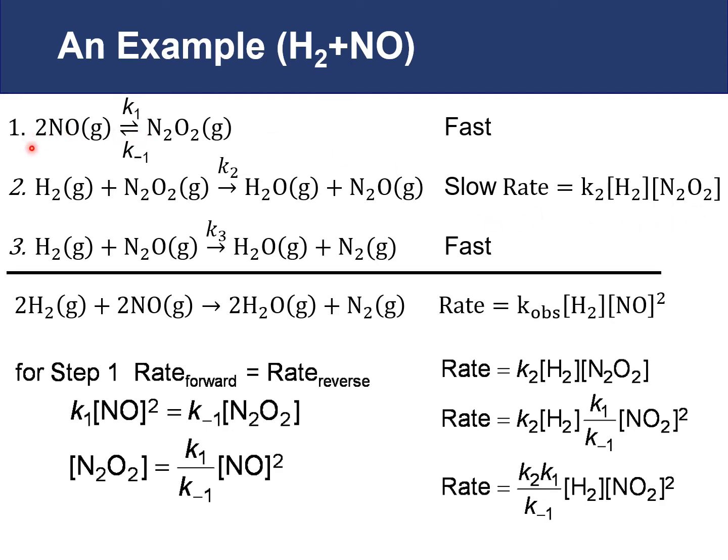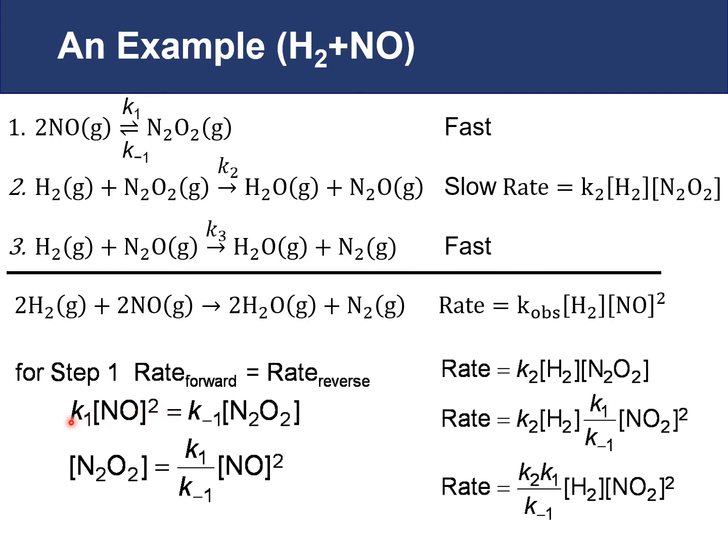Well, because this first step establishes an equilibrium, the rate of the forward reaction is equal to the rate of the reverse. So for step 1, the rate of the forward equals the rate of the reverse. We can write out the rate of the forward step, which would be K1 times our concentration of our reactants raised to their respective coefficients. So that's K1 times NO raised to the second power.